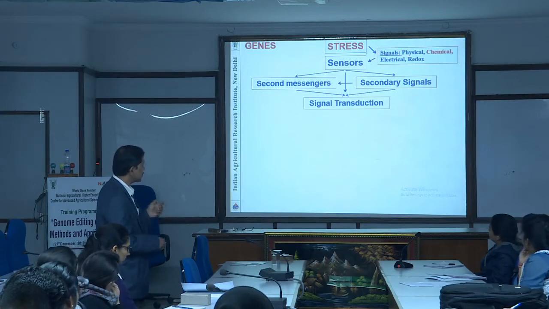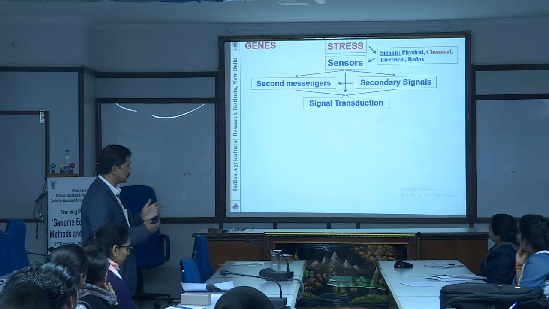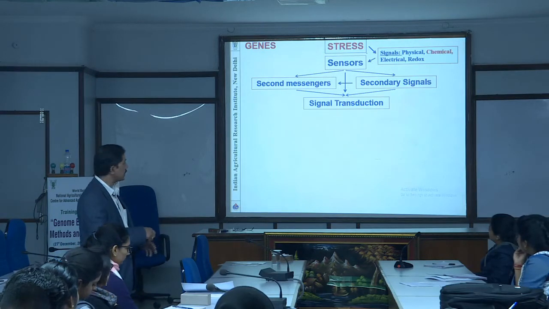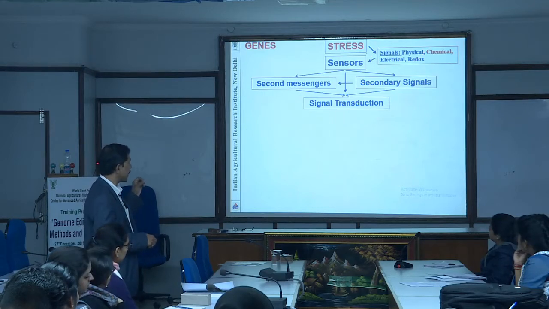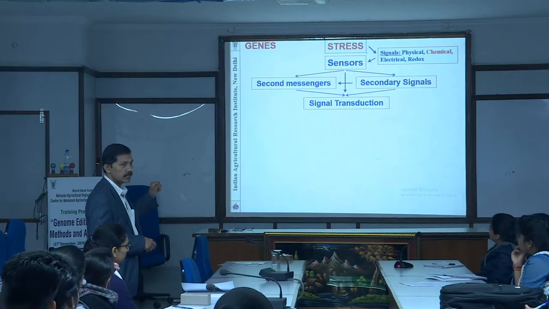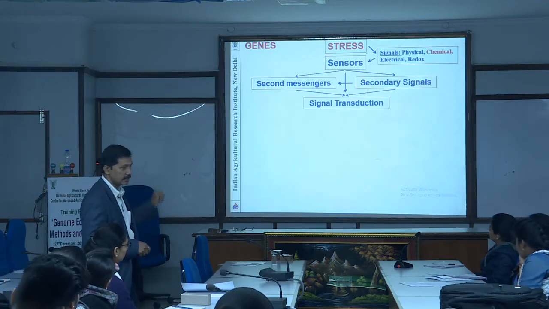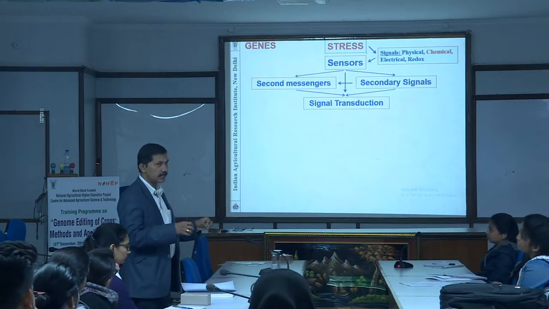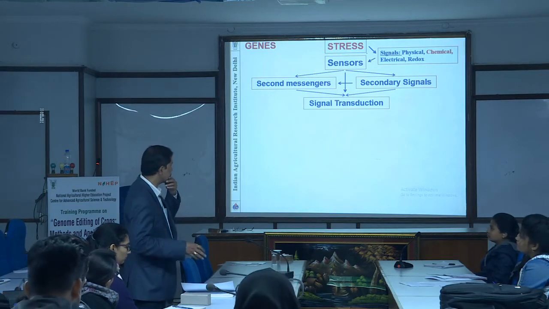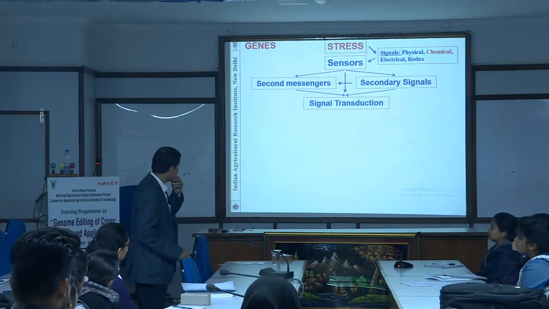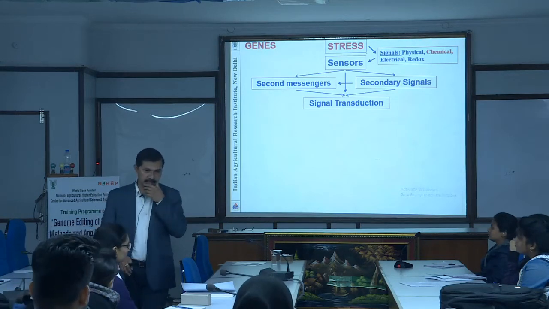This has been studied often, and it has been demonstrated that when you give stress to the plant, it produces an electrical signal. If you take, for example, a wheat plant, this is one of the studies conducted long back in our division under the guidance of the late Professor S. K. Sinha.